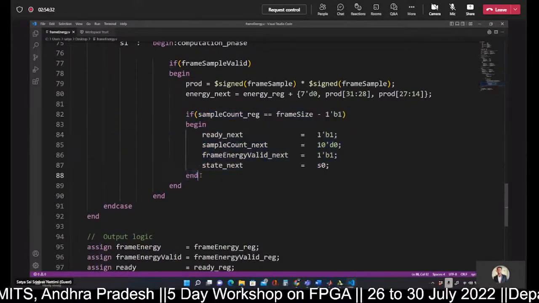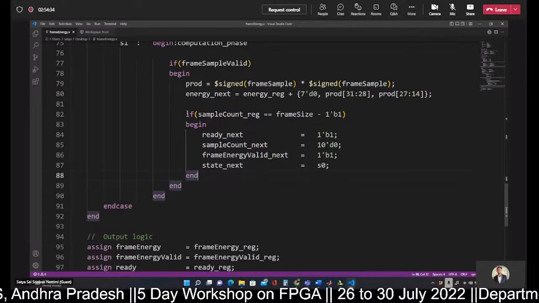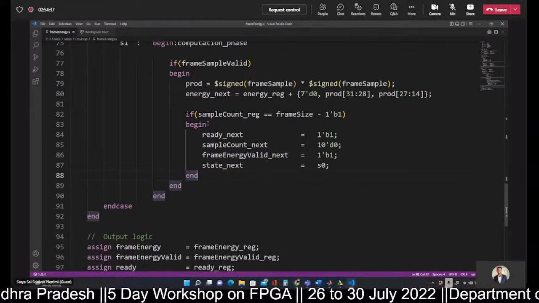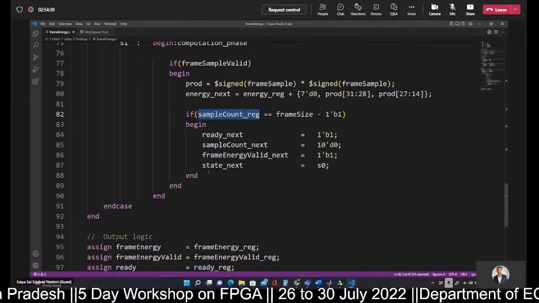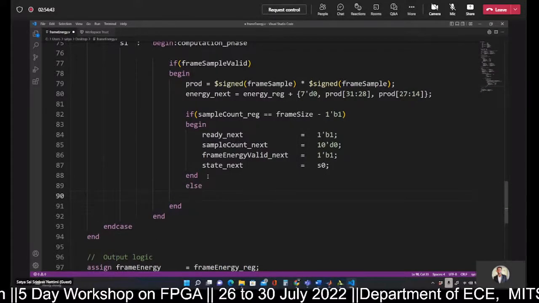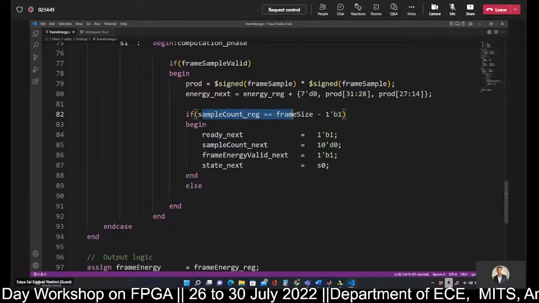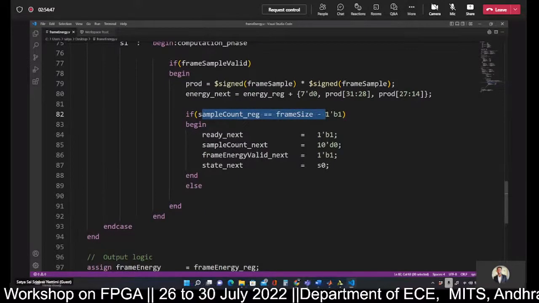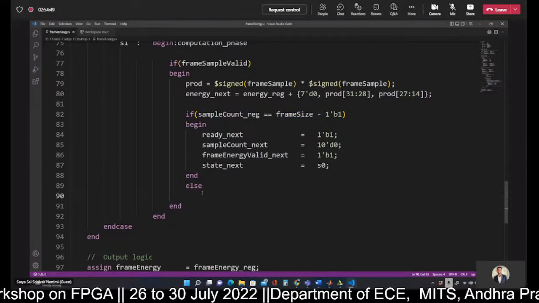Next, the else part. Again we forgot to increment the counter; the sample count register needs to be incremented, right? Else, if the count value is not matching with the frame size, then what we have to do?